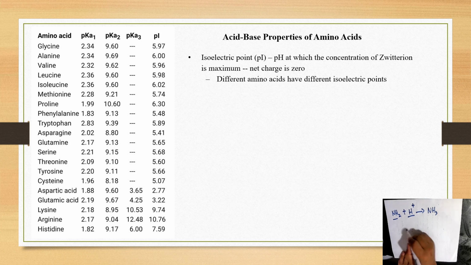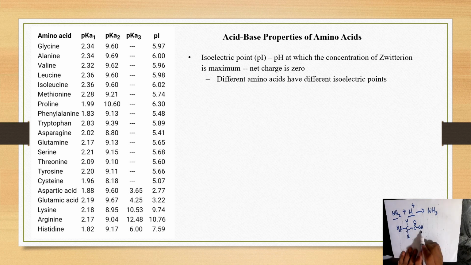So let me write again the structure of the amino acid. Now, as you notice, the amino group is H2N. I just wanted to show you the bonding between the carbon and the nitrogen. So, the hydrogen, the R group, and the carboxyl group, the carboxylic acid.